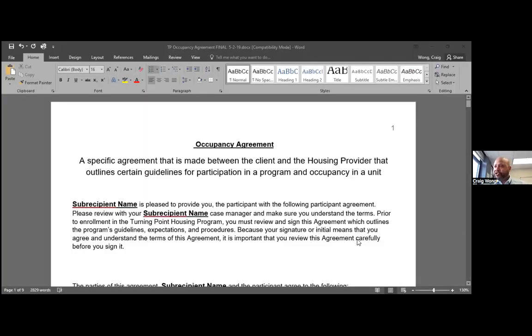This documentation that we're talking about today, the occupancy agreement, was actually developed in 2018/19. A bunch of us CoC organizations got together and said we wanted to develop a document that was universal, that could be worked across different programs by all organizations.